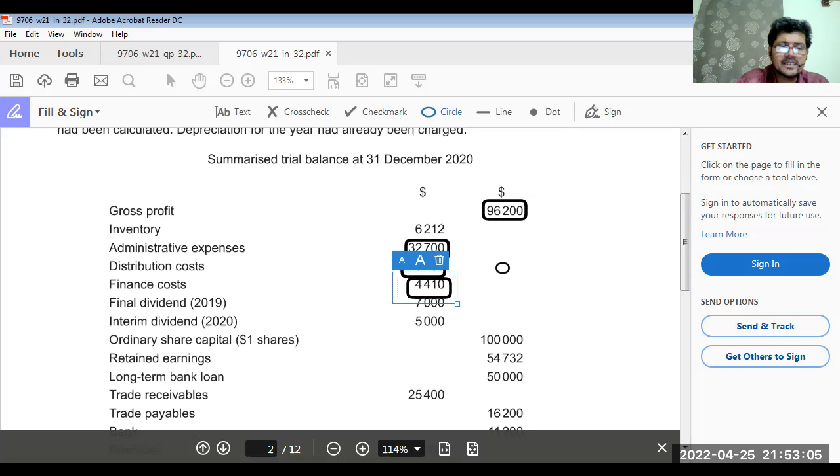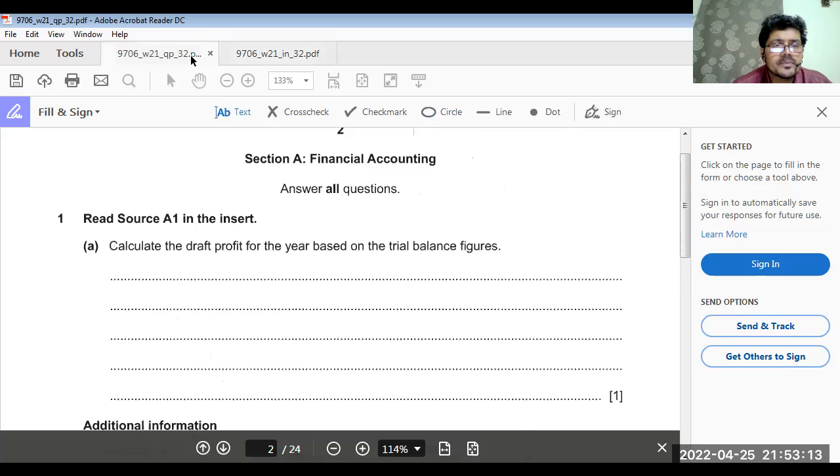Gross profit minus these three expenses, and we will get the draft profit. So how much was the gross profit?